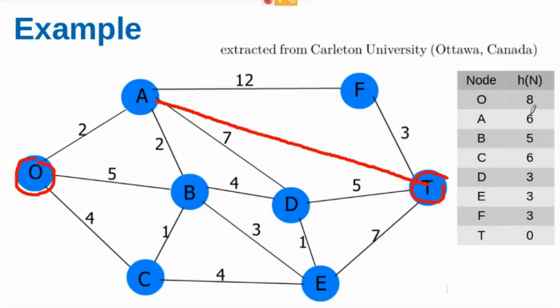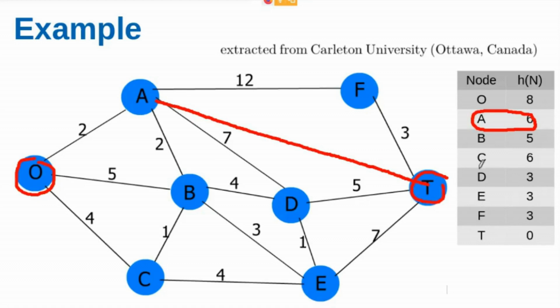So it's an underestimate. This 6 is for sure smaller than the real cost, which could be 7 and 5, or 12 and 3, or for example 2, 4, and 5.